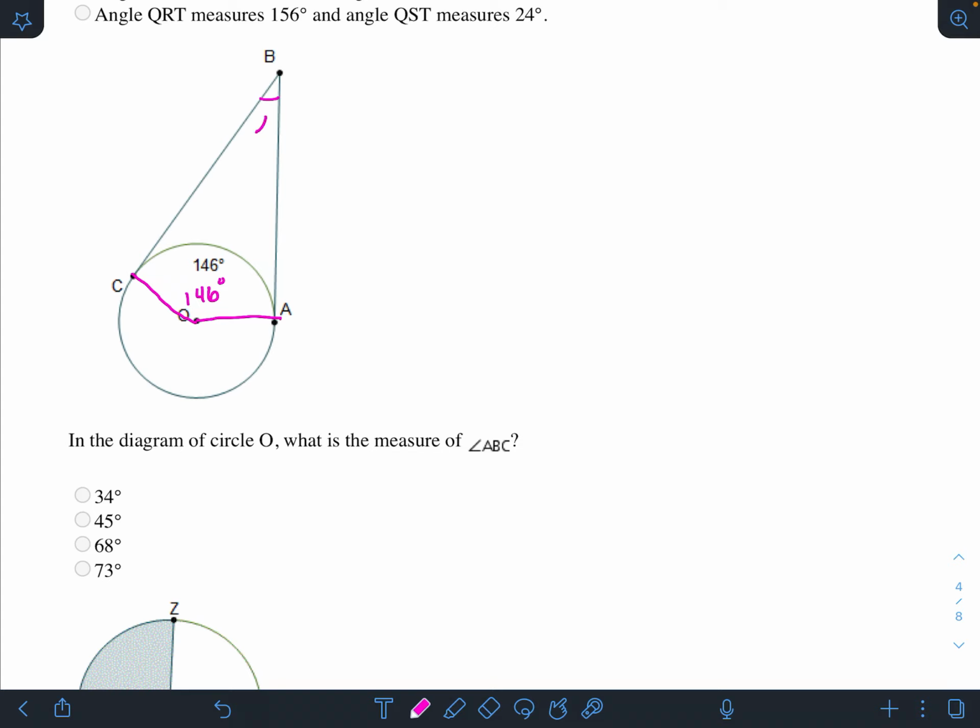So here we could call this angle X, and I know that X plus 146 is going to be equal to 180 degrees. Subtracting 146 on both sides, we get that X is equal to 34. So 34 degrees.